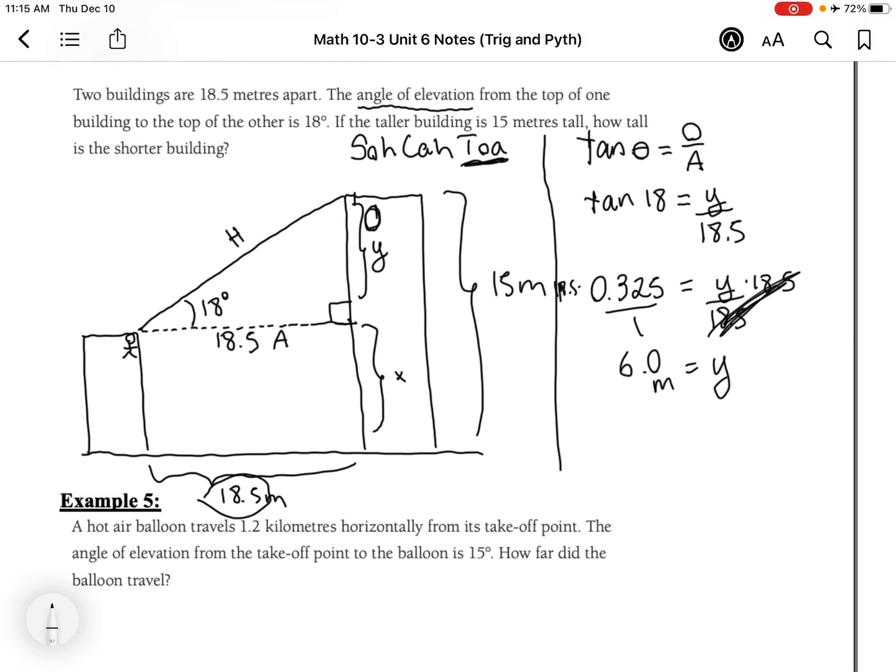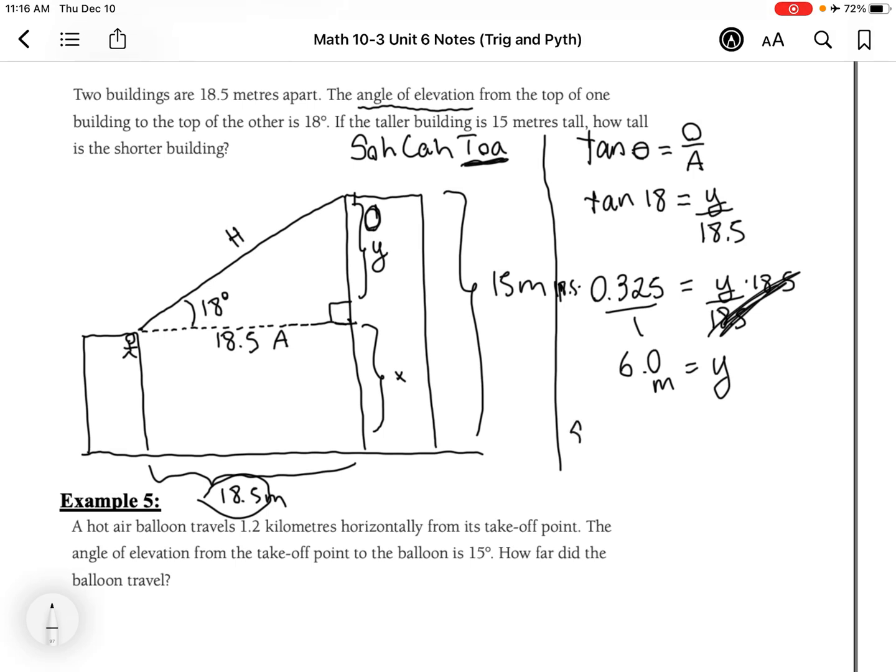Okay, well, if this chunk is 6.0, and the two of them have to add up to 15, and one of them is 6, well, 6 plus what equals 15, right? The other chunk has to be 9 because 6 plus 9 has to be 15.